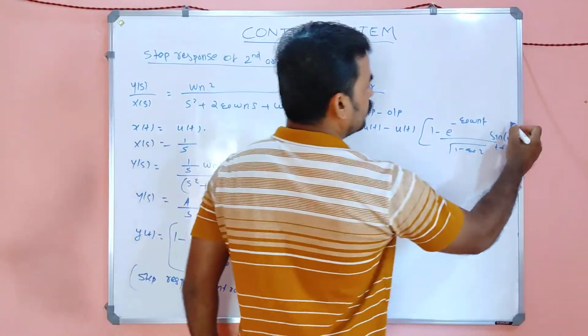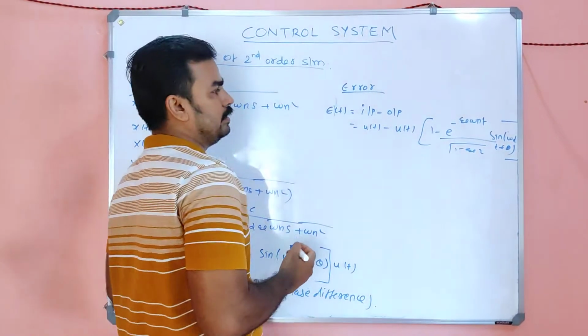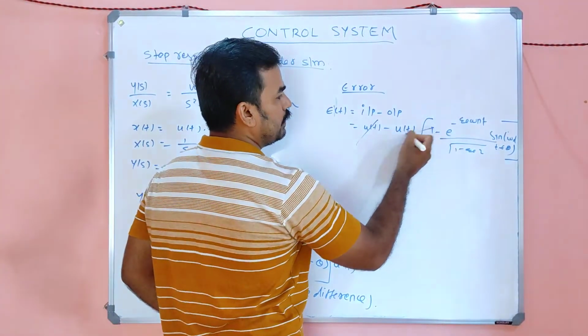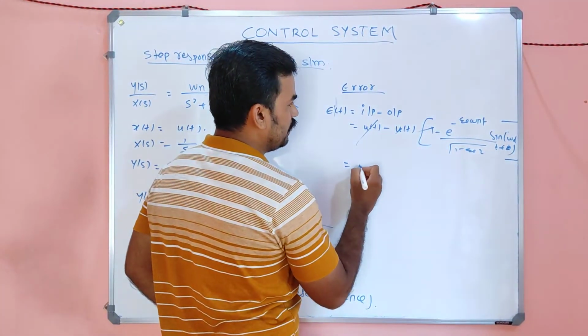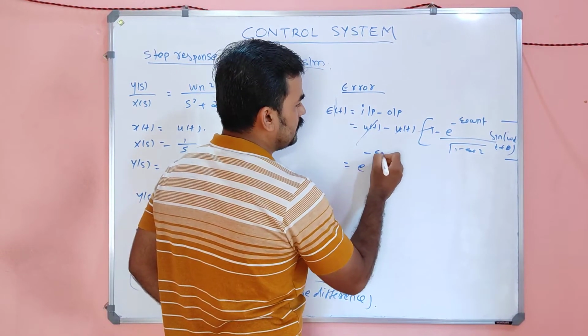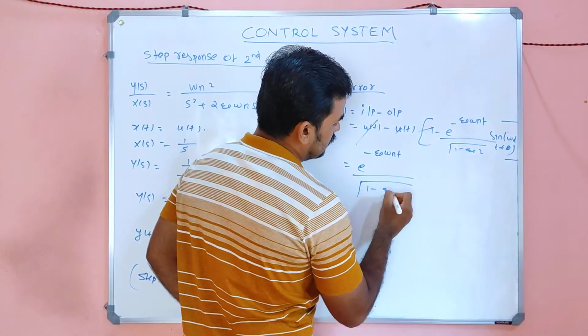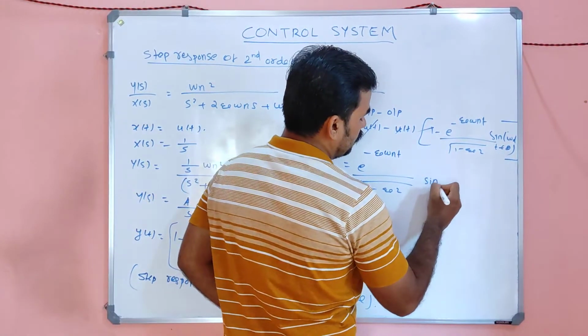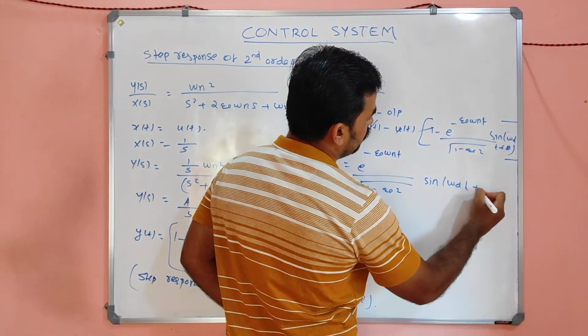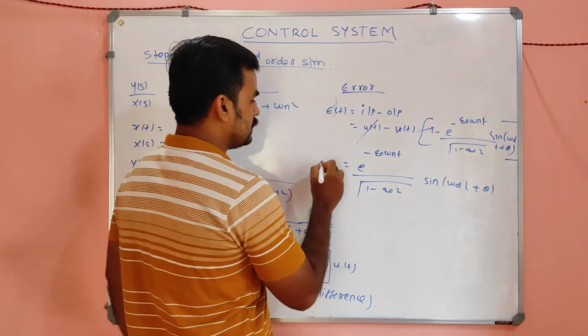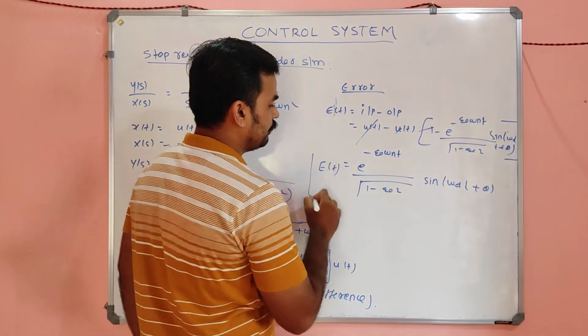So u of t and this u of t get cancelled. Simply you will get e raised to minus theta omega n t divided by root of 1 minus theta square into sine of omega d t plus theta, my dears. So this is nothing but the error e of t.